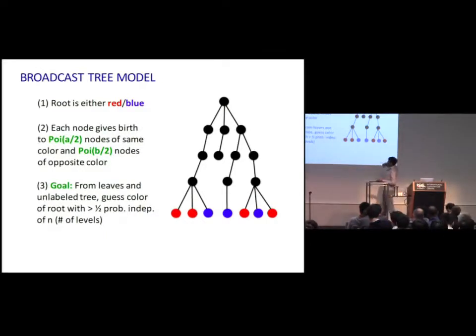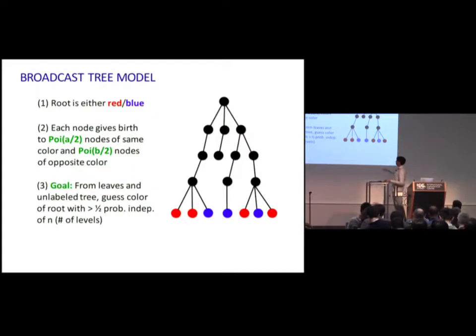In any case, the goal of this simple model is, if I give you the topology of the tree along with the colors of the nodes, you want to try and invert the process and guess the color of the root node. The same way in community detection we wanted a community structure that's correlated non-trivially with the true one, that agrees with it better than 50-50, the goal here is to guess the color of the root with better than 50% chance.